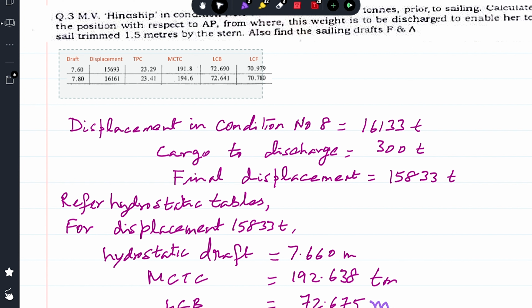All the conditions of Hinship are for salt water. Ship is floating in salt water, so no density correction will be required anywhere. So we will just take the values from the hydrostatic tables. Interpolating for 15833 tons displacement, I get hydrostatic draft 7.660 meters, between the 7.6 and 7.8 range here.